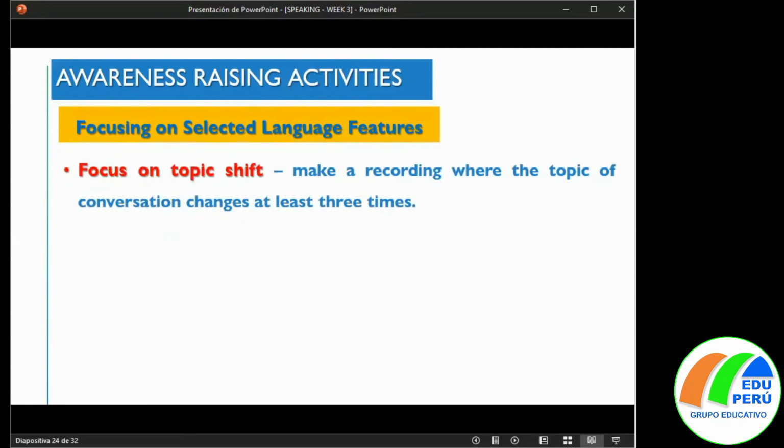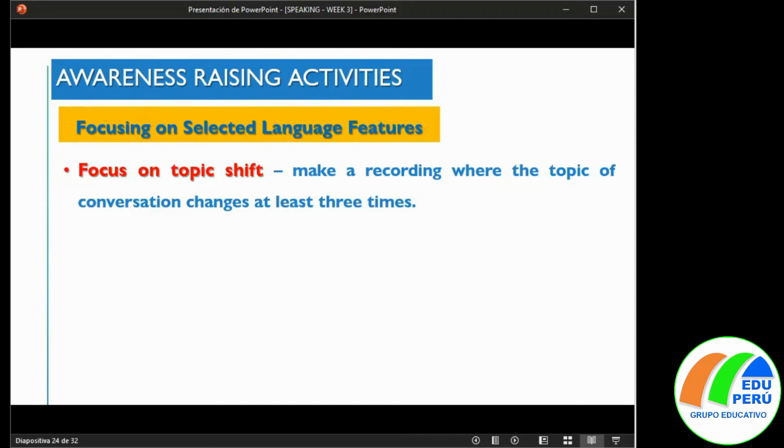Another one is a focus on topic shift. Remember the word shift is referring to the change. So make a recording where the topic of conversation changes at least 3 times. This is related, for example, when I teach some connectors, some linkers, some discourse markers.